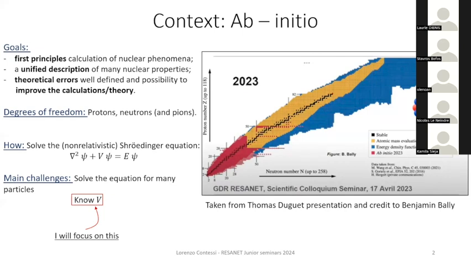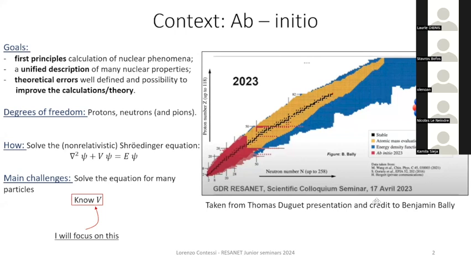I will focus more on the interaction, especially because there were a few nice talks about this, one of which is from Thomas Duguet, and I suggest you go back to this colloquium. I'm sorry that I stole one of his slides, I hope this is not bad, but it's for propaganda purposes. This figure was actually from Benjamin, who is also in the audience.